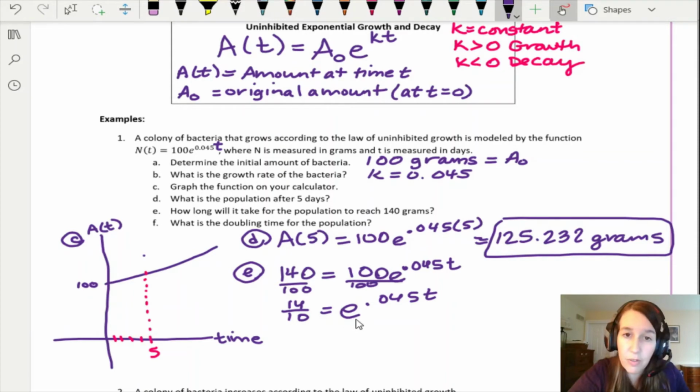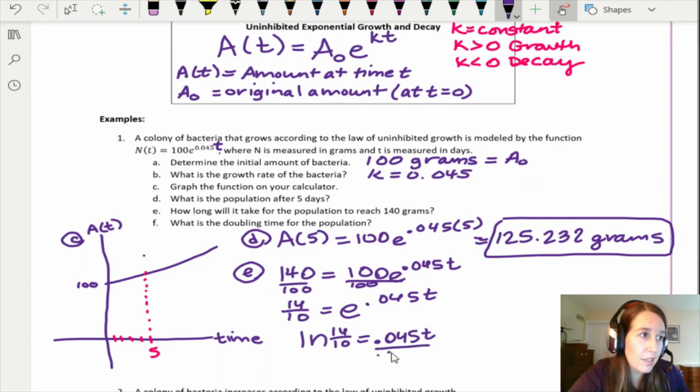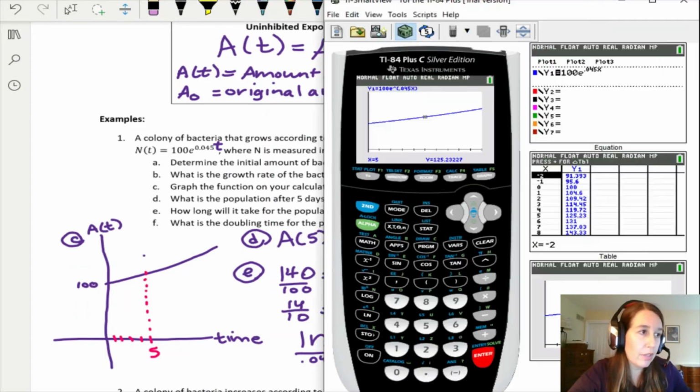Since the base is e, it's the natural log of 14 over 10 is equal to 0.045t, right? To solve for t, just divide both sides by 0.045. And then type that into your calculator.